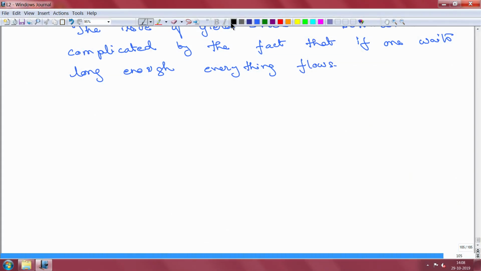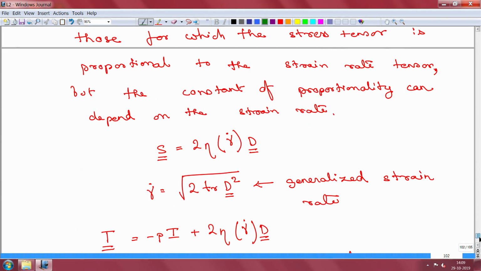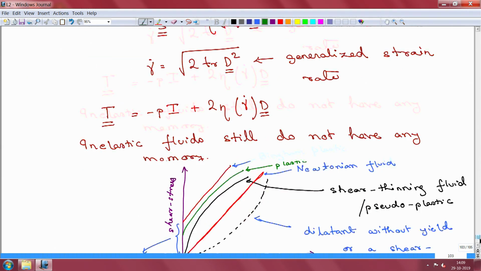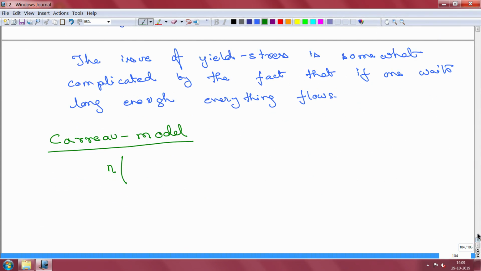In a Carreau model, the equation that governs this is given as, I will just quickly check what was the term I was using for viscosity. Okay. So, we have been using eta for viscosity, so maybe we will just stick with that.